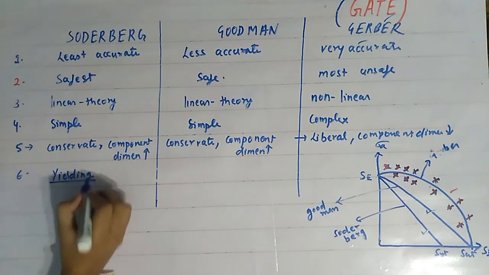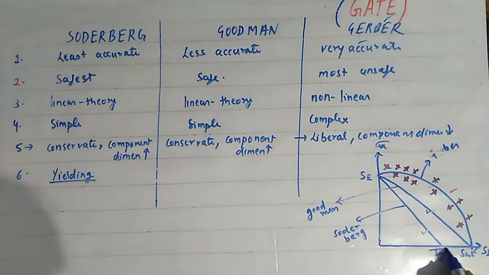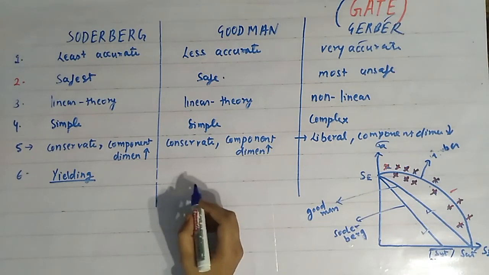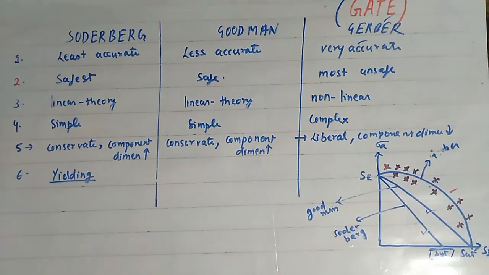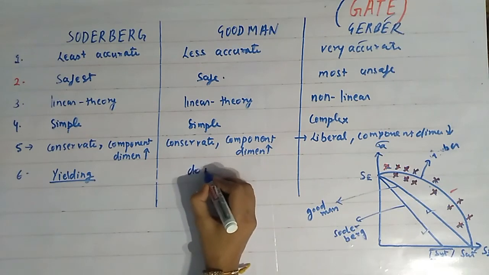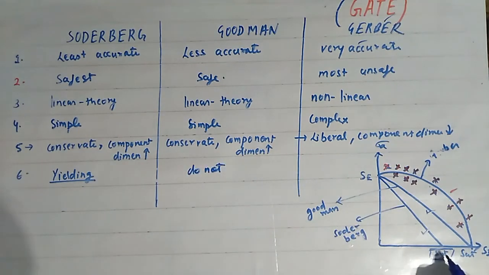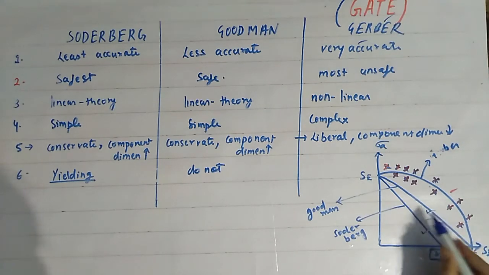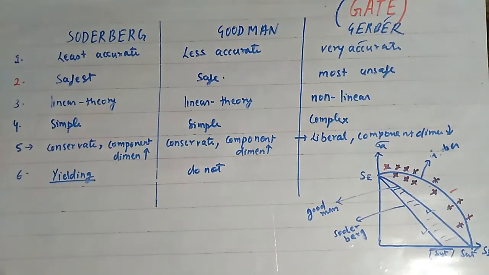Okay friends, because it is taking the yield strength in tension as a factor, whereas the Goodman criteria does not consider the failure in yielding, because the Goodman line is lying in an outer area than the yield strength area, that is, this area is lying outside the Soderbergh line, sorry, Goodman line.